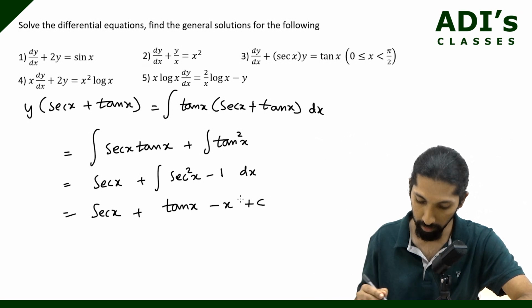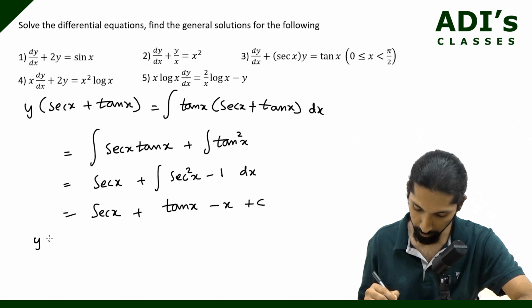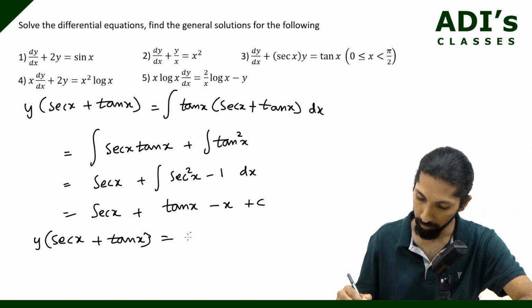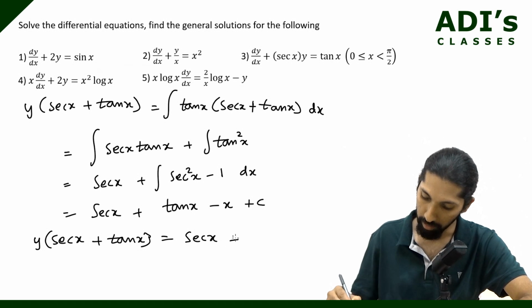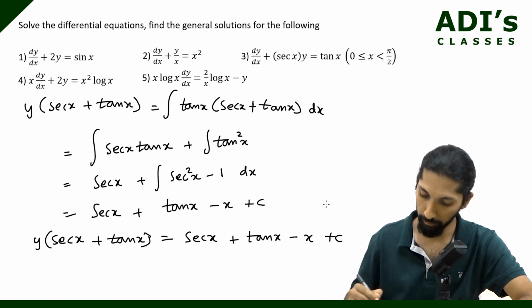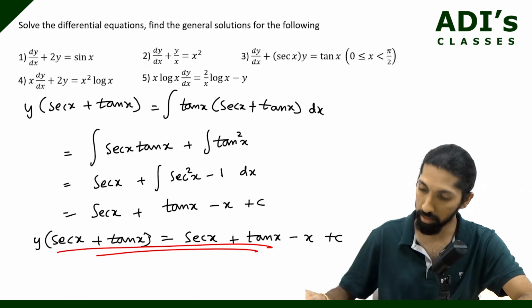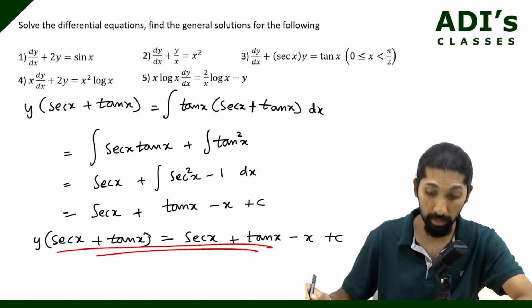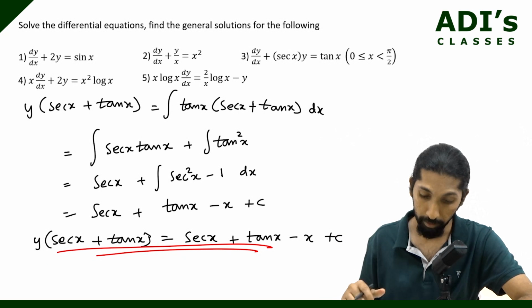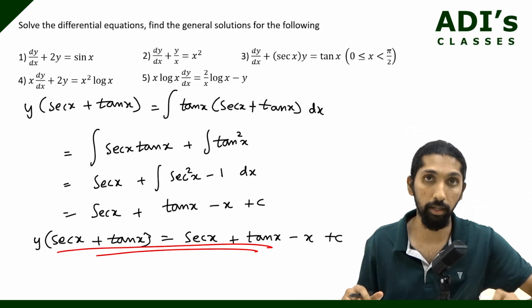So final answer will be y into secant x plus tan x is equal to secant x plus tan of x minus x plus c. So this is the final answer for the third question. Clear? Now let's do the fourth one now.